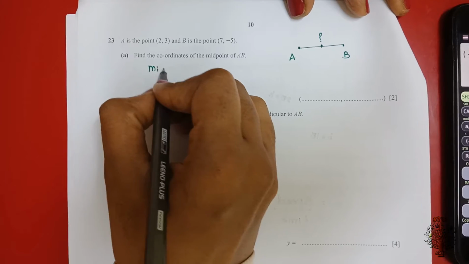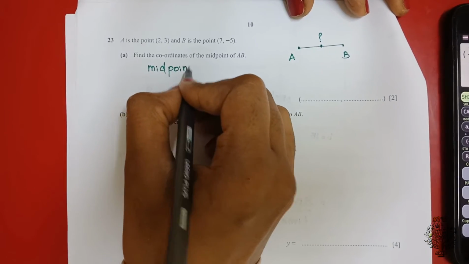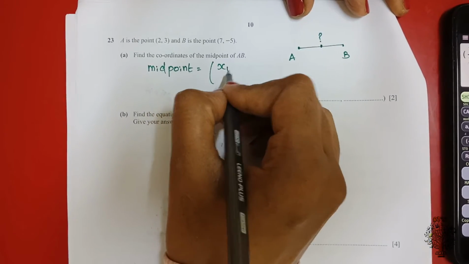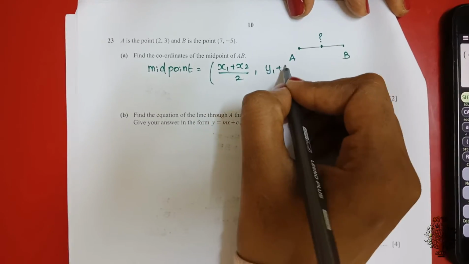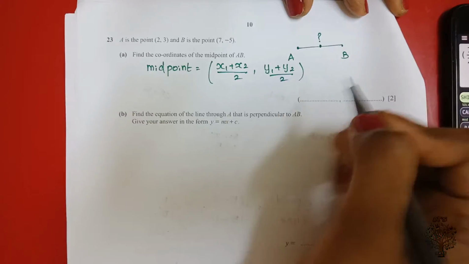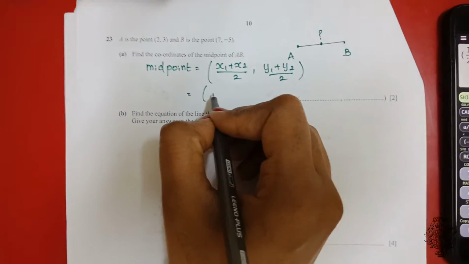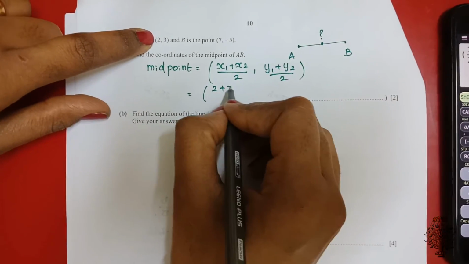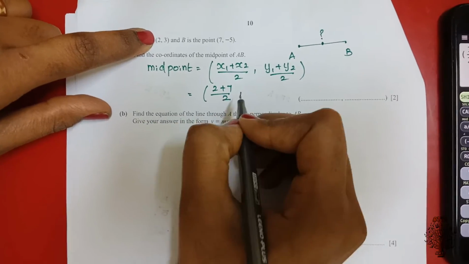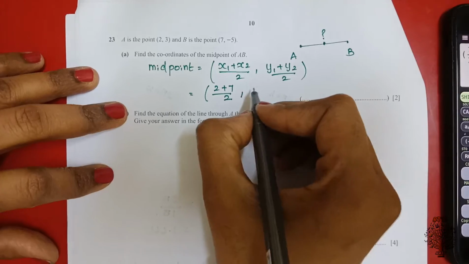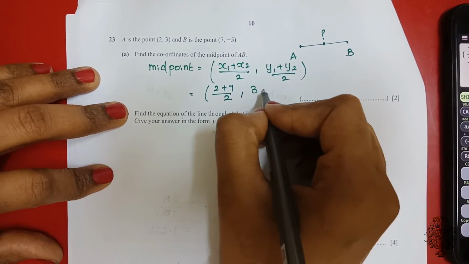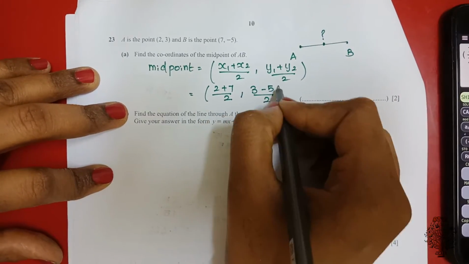So the midpoint formula is (x1 plus x2) by 2, (y1 plus y2) by 2. We will be substituting the points. (2 plus 7) divided by 2, and then (3 minus 5) divided by 2.